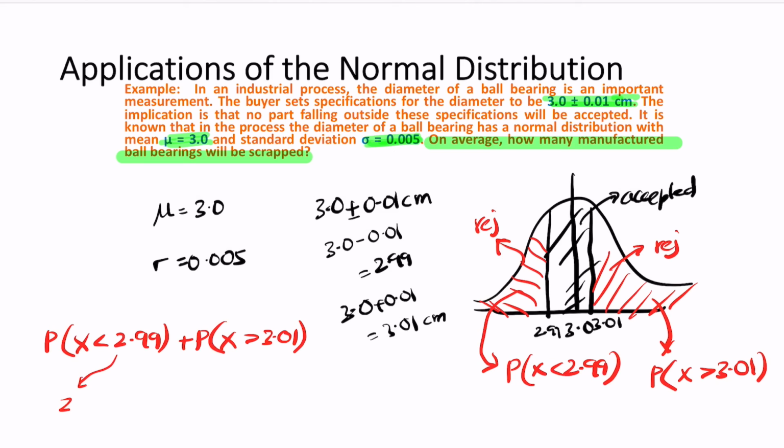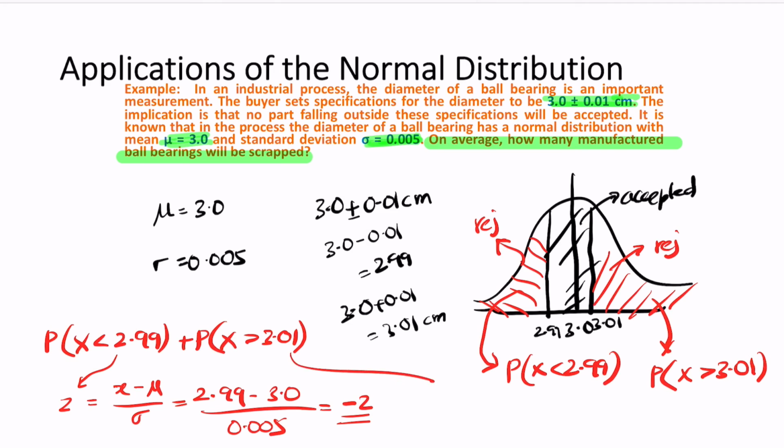So what will be the Z value for this? So Z becomes X minus mu by sigma, which is 2.99 minus mu, which is 3.0, by sigma, which is 0.005. So you have 2.99 minus 3 over 0.005. So that gives you a value of negative 2.